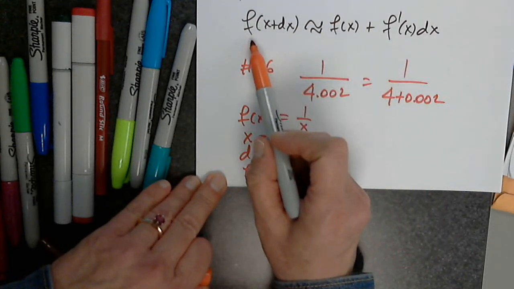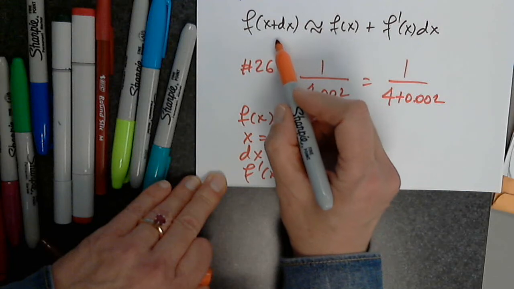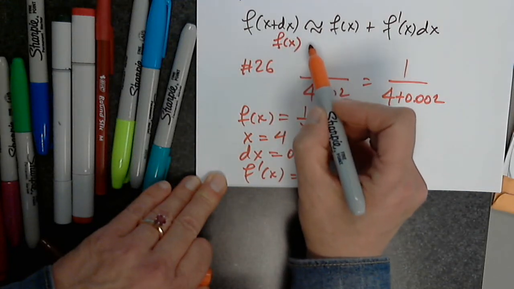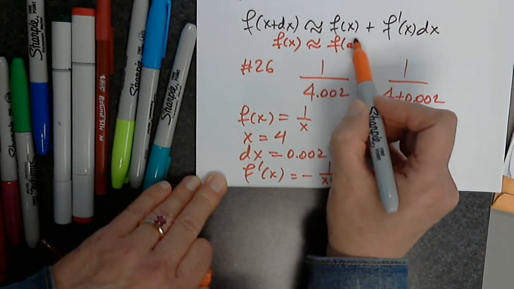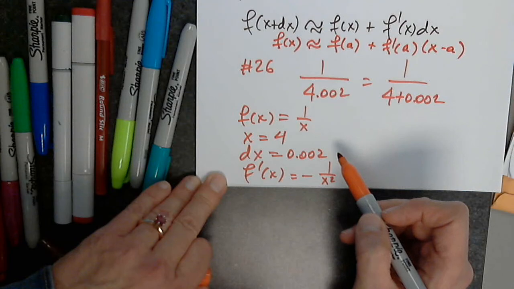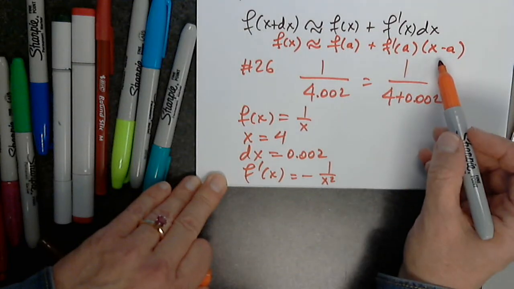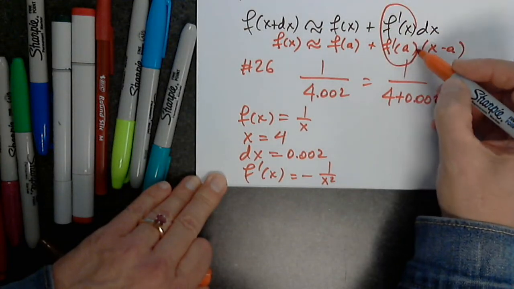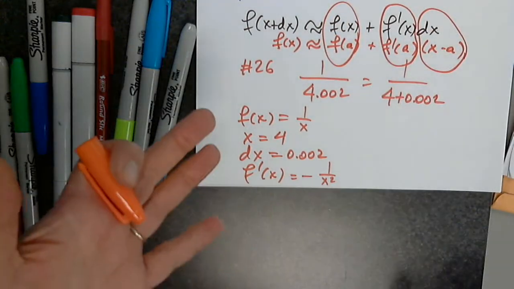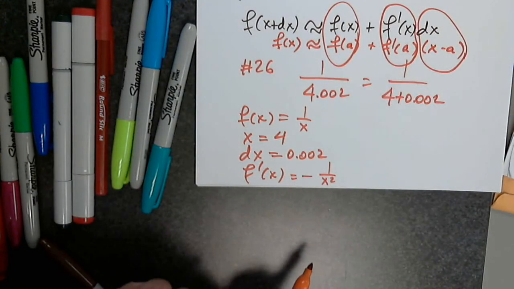So the linear approximation is f of x is approximately f of a plus f prime of a times x minus a, which will be dx. So this is this, this is this, and this is this. It's exactly the same. So you can choose which one.